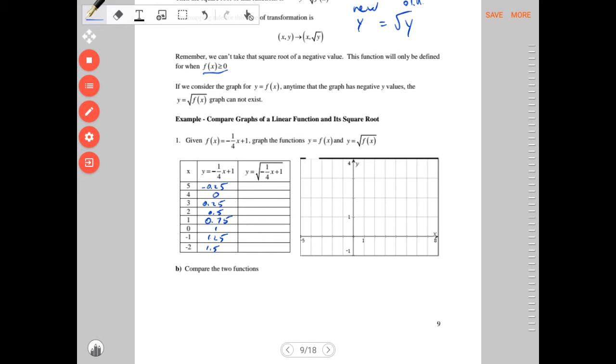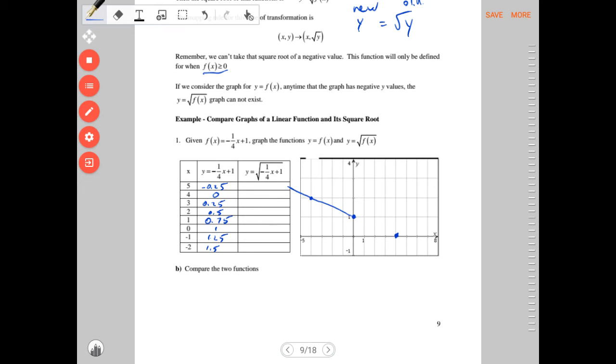So we can graph these. You don't have to do that with just the points, because you know that the y-intercept is 1 and the slope is negative 1/4, which means we go down 1 and 4 over. Then 1 up, 3 to the left. Those are some good points there.